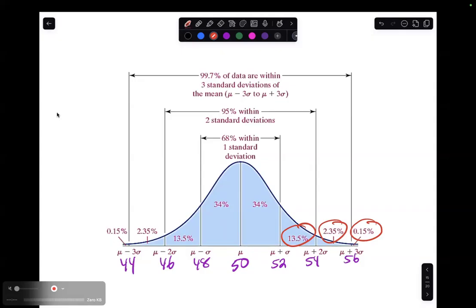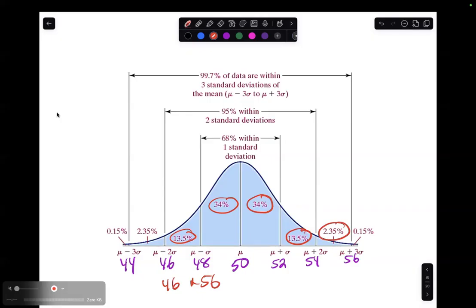I would add those three together, because all three of those would be above 52. But if I wanted to know what percent is within 46 and 56, then I would add this one, this one, this one, this one, and this one. This is why I draw the picture.